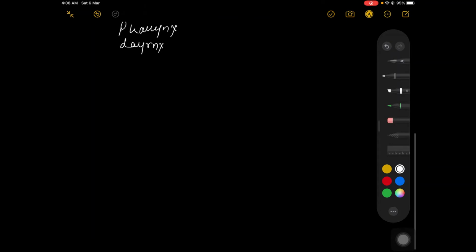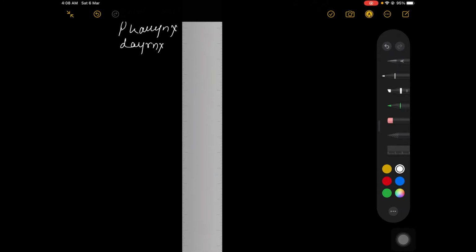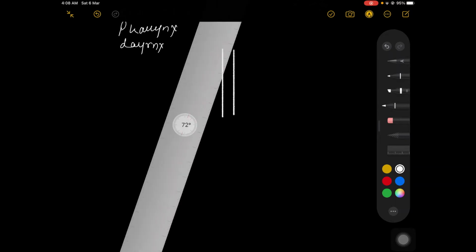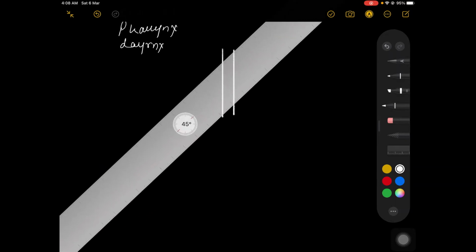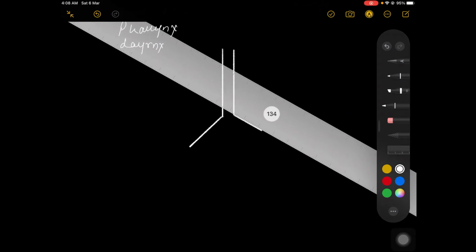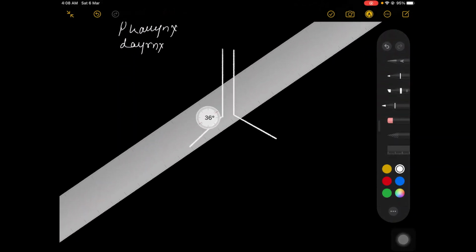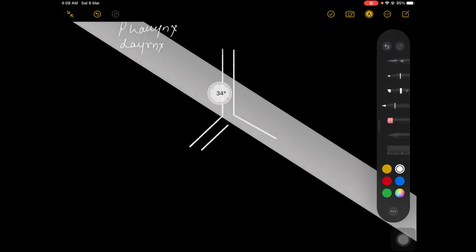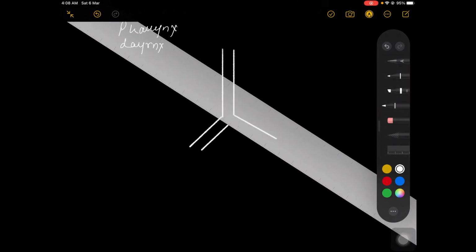Now let's take a look at the structure of the respiratory tract. As you all know, the trachea is divided into the right and the left primary bronchus, or the main bronchus, at the point which is T5.